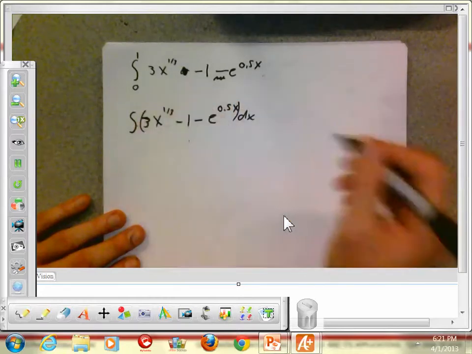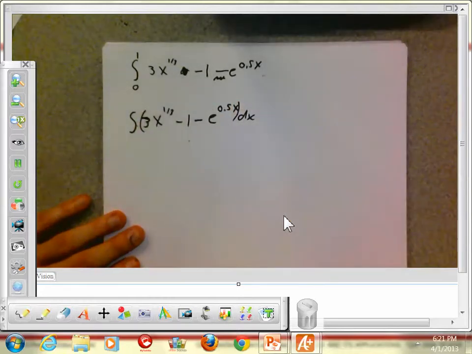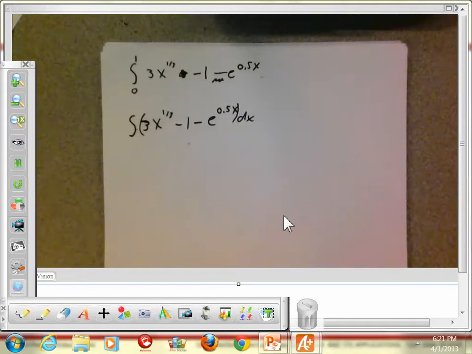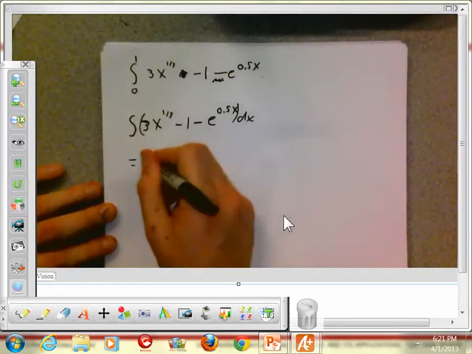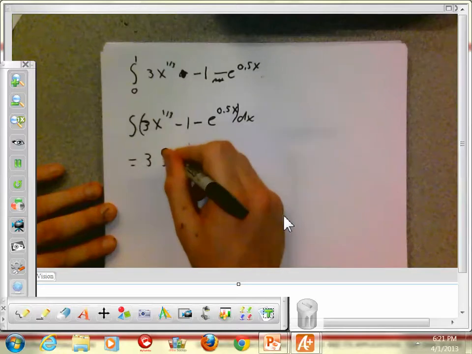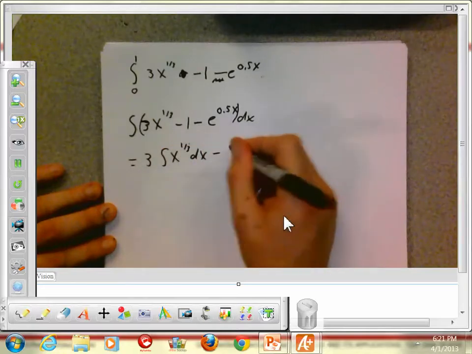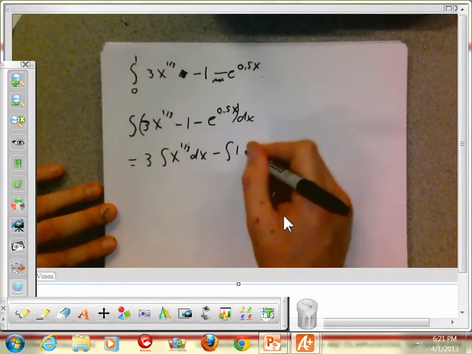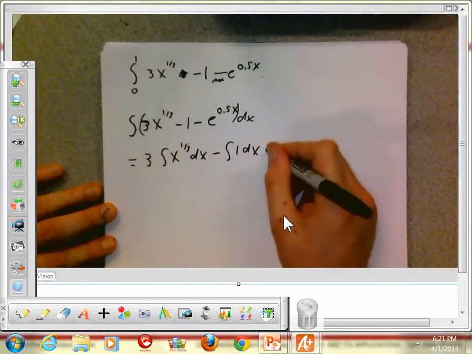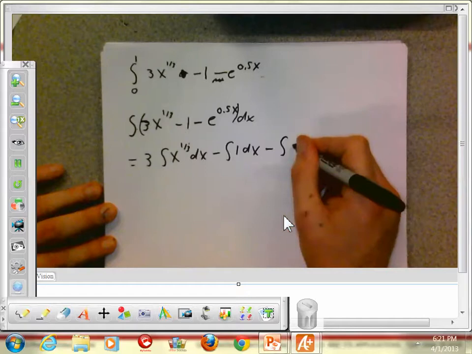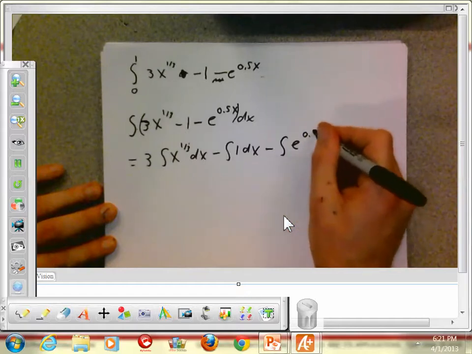And remember that when we have sums and differences, we can split the indefinite integral over sums and differences, and we can pull constants outside the integral. So this is going to be 3 times the integral of x to the 1/3 dx minus the integral of 1 dx minus the integral of e to 0.5x dx.